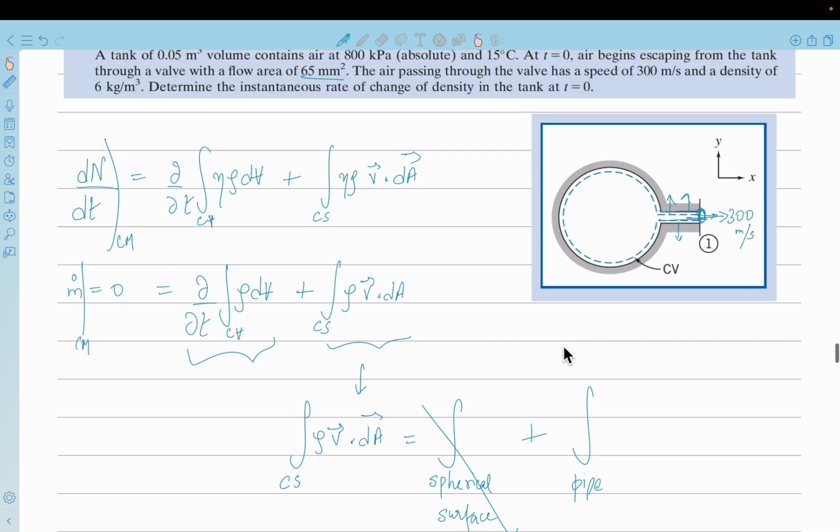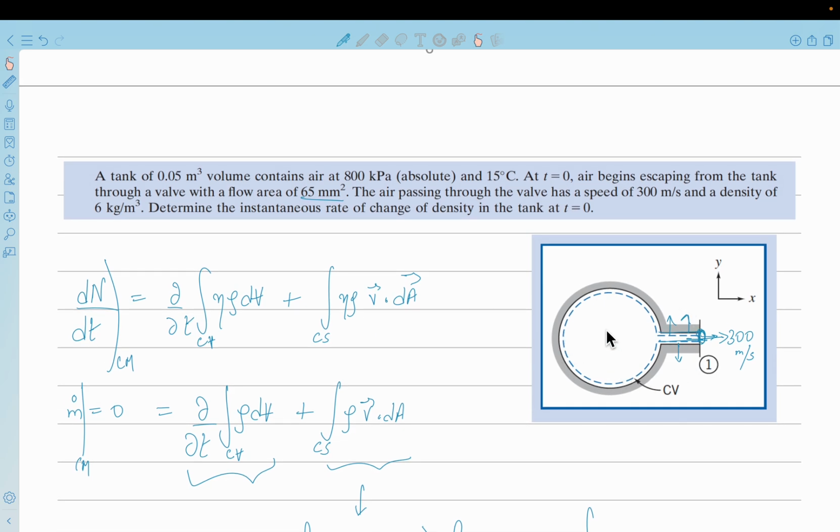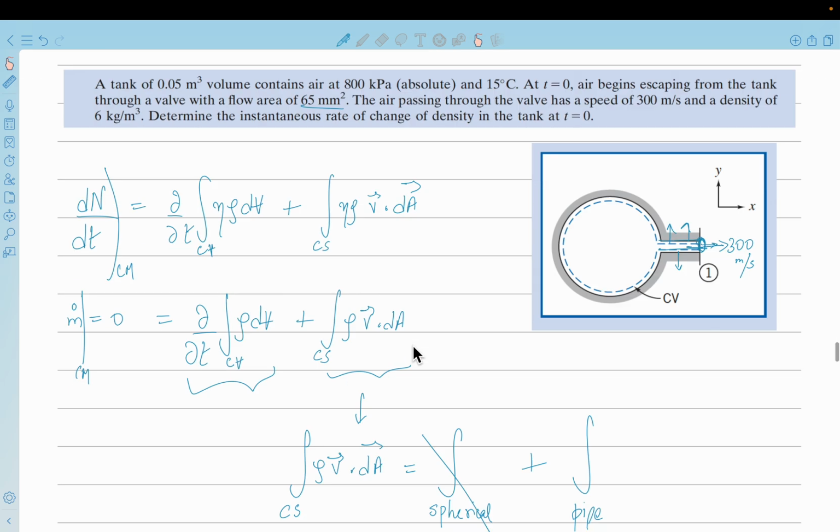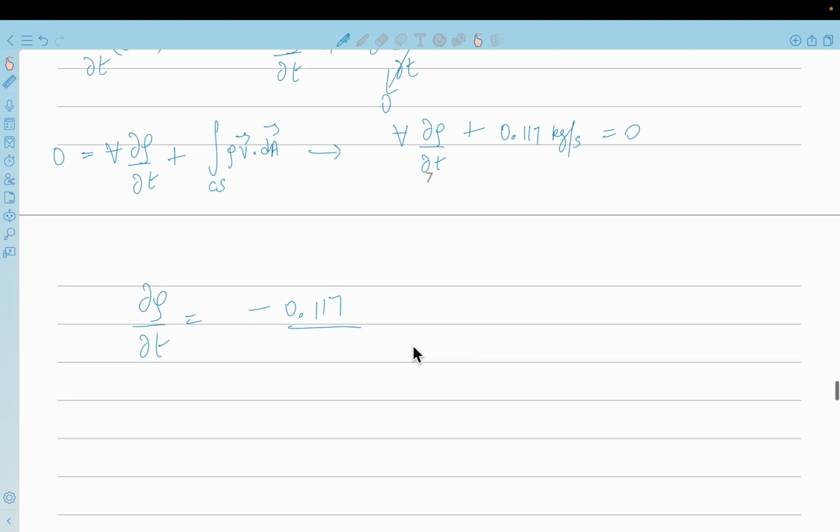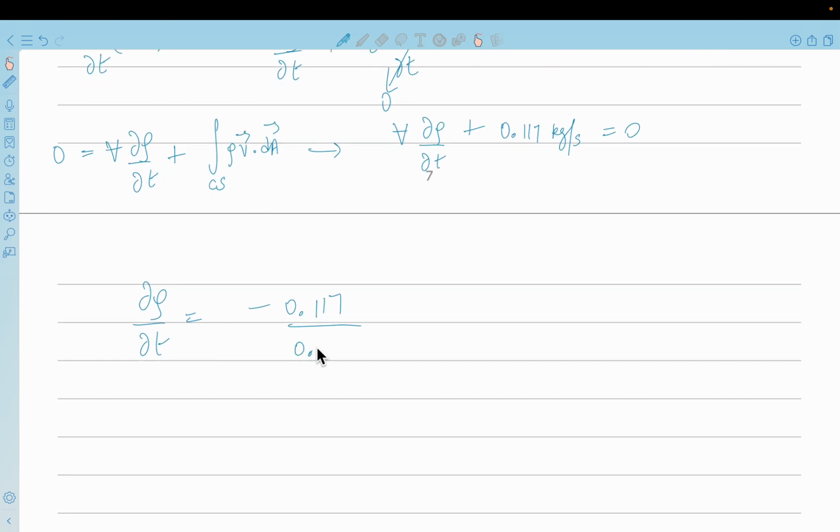So what is the volume of this? How do we find the volume of this tank? So we know the pressure and temperature. Okay, we also know the volume, 0.05 meter cube. So that is kg per meter cube per second.